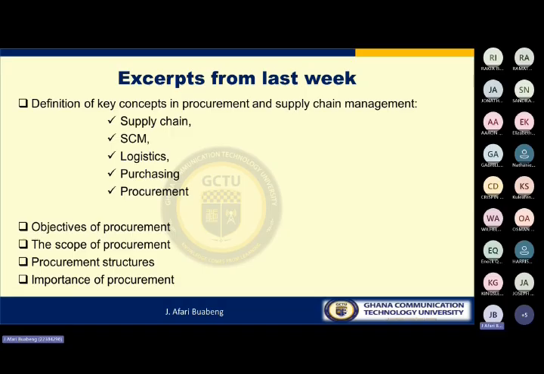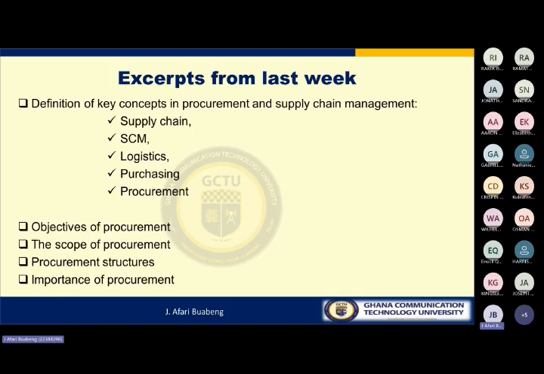And then we also looked at the scope of procurement. And then I said that the scope of procurement can be categorized into three major levels. We have the operational level, we have the middle level or the managerial level, and then we have what we call the strategic level or the top level activities of procurement.